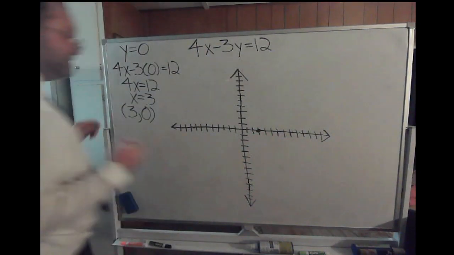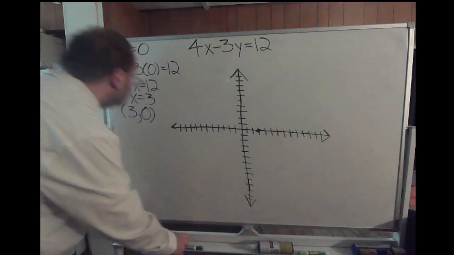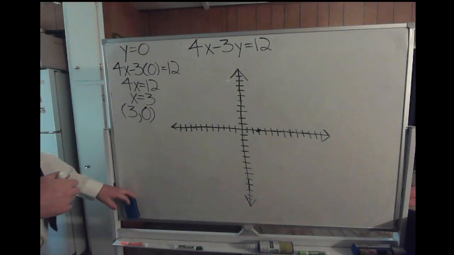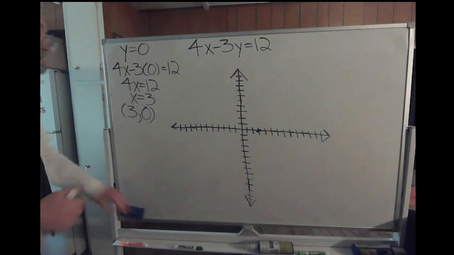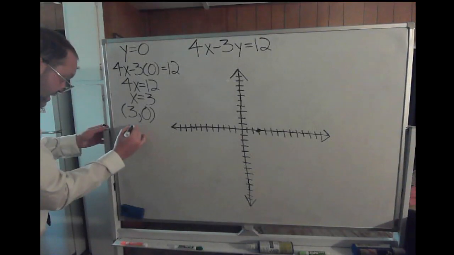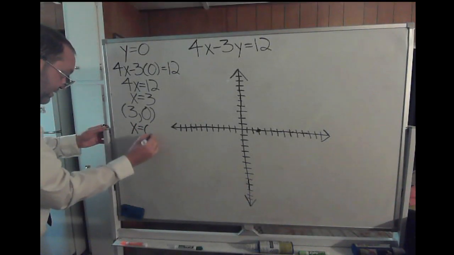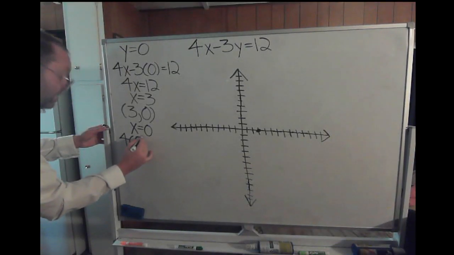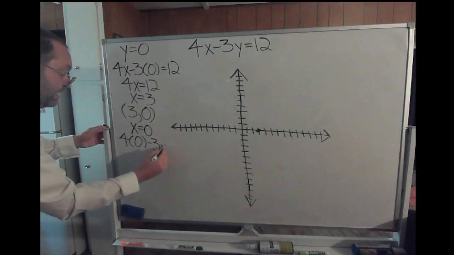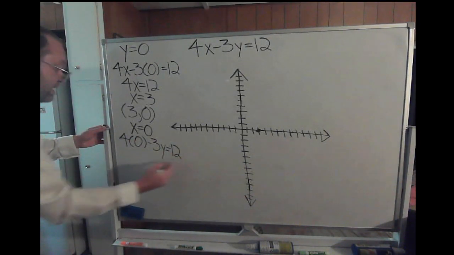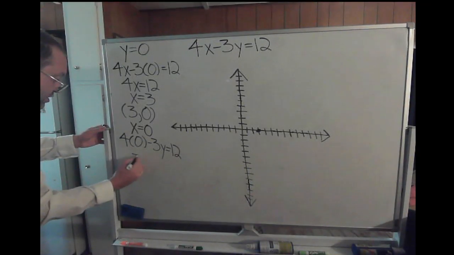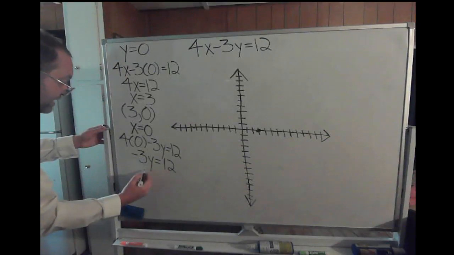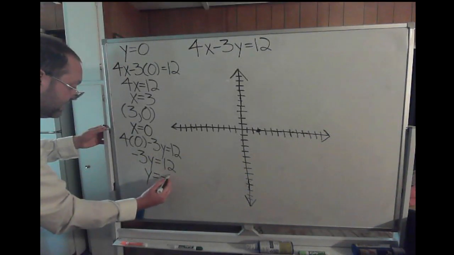There is 3, 0. Now we're going to do the opposite. We're going to find the y-intercept, which means we got to set x equal to 0. So let's go ahead and do that. X equals 0. Put that into your equation. You'll get 4 times 0 minus 3y equals 12. Well, 4 times 0 is 0. You just get negative 3y equals 12, which means y equals negative 4.